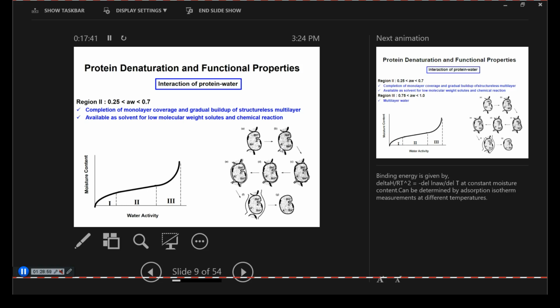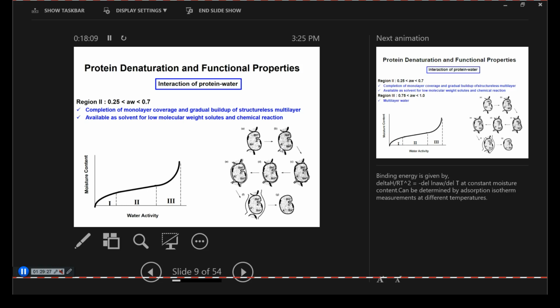When you start building some multilayer water, this water can then be available to solubilize small molecular weight solutes and also for some chemical reactions. So in this region, above the monolayer, and it's very important, above the monolayer, you start having some chemical reactions occurring.